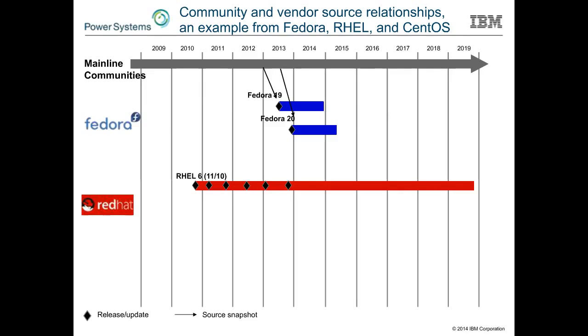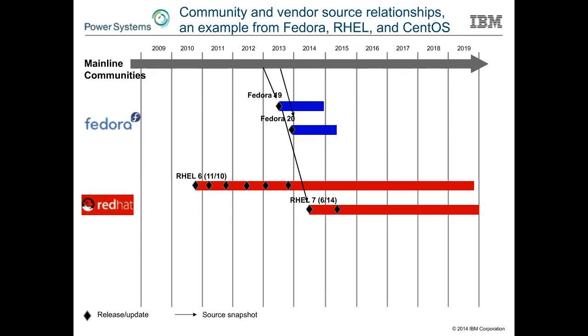How does that relate to Fedora or to Red Hat based upon the previous slides? Well, RHEL 6 was already in existence. There was nothing that Fedora 19 could do relative to RHEL 6 at the time, so no impact on RHEL 6. But RHEL 7 could use a Fedora release, Fedora 19, more or less as a base.